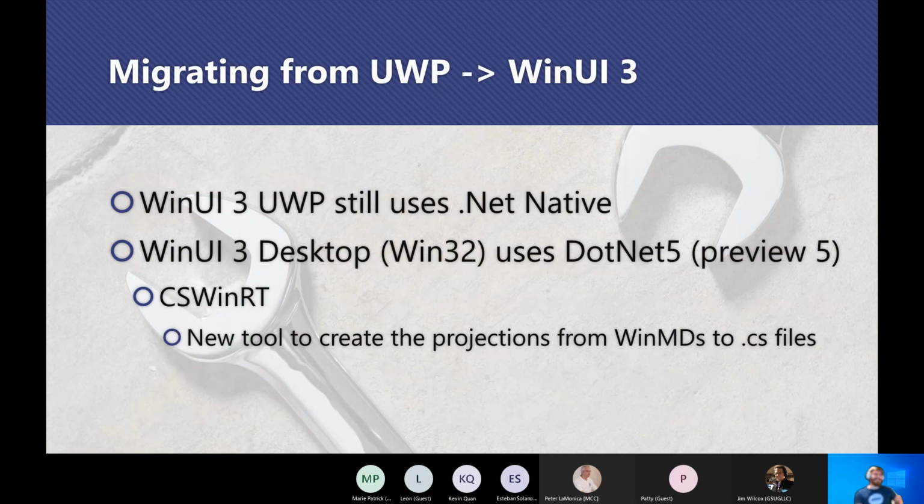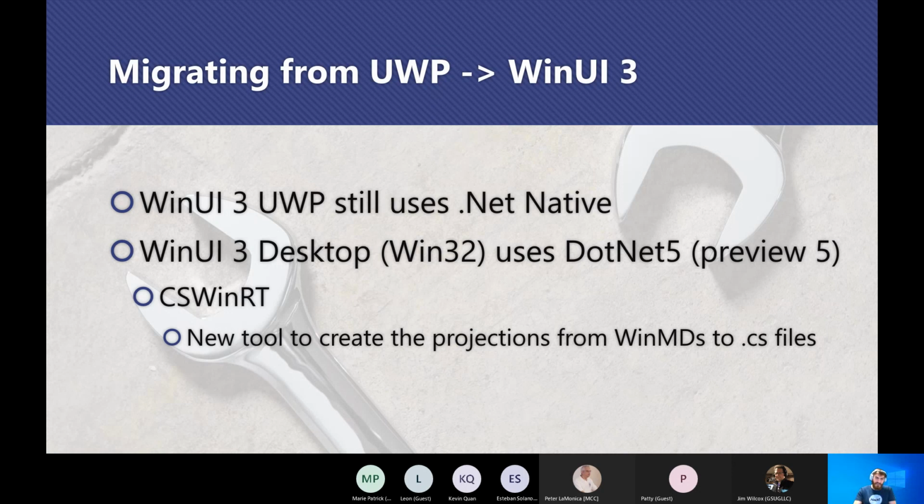Another big difference is that UWP still uses .NET Native, and WinUI Desktop uses .NET 5, in this case, Preview 5. So a new concept needed to be made that actually translated all that code that was built in C++, because that's how UWP is built.